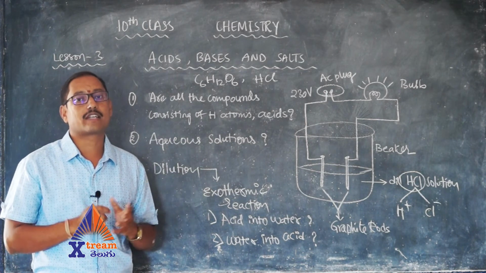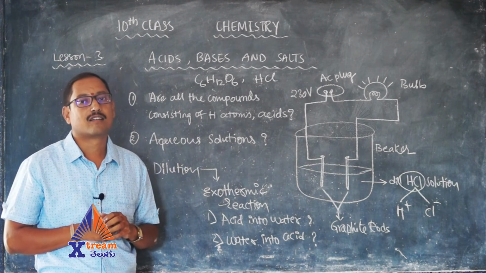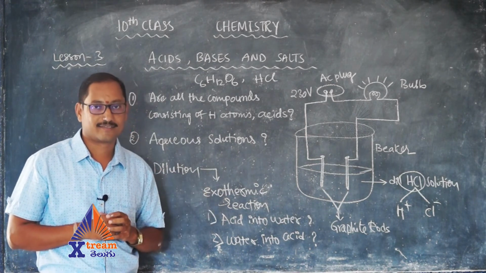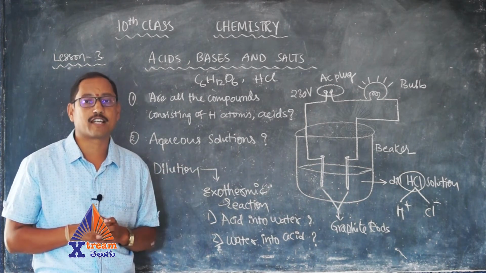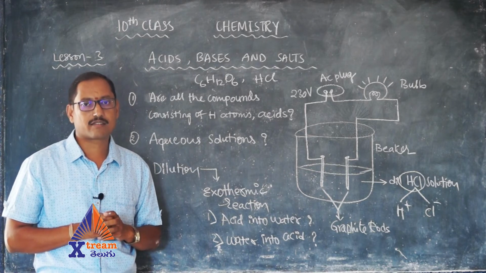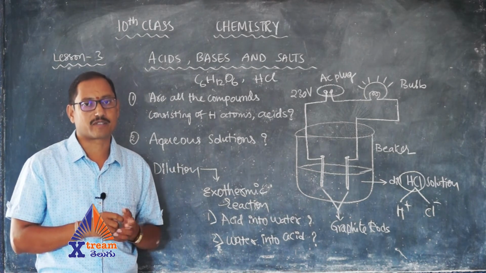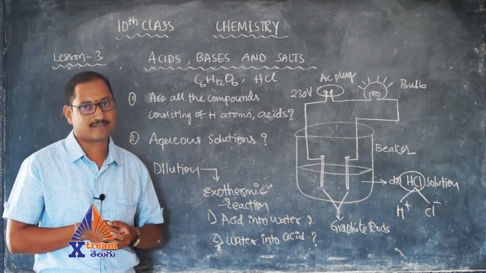So if you are not careful while adding water into acid or acid into water, that is dilution, then an explosion may take place because of overheat. Now let us try to understand which one is the correct process, whether it is correct to add acid into water or water into acid.